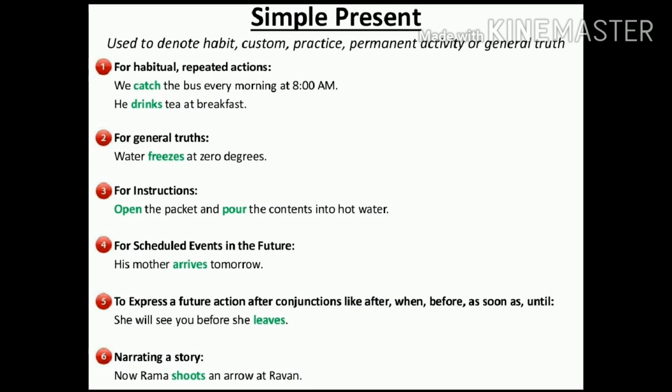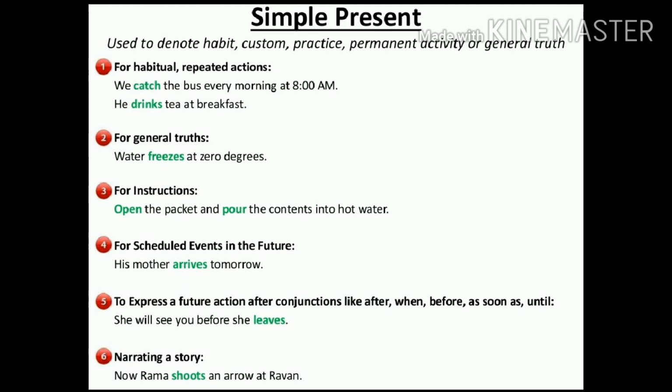So it is very easy. If you want to denote any habit when you are writing or speaking, or you want to talk about any custom or practice, or you want to indicate any permanent activity or a general or universal truth, for all such cases you will use simple present tense.